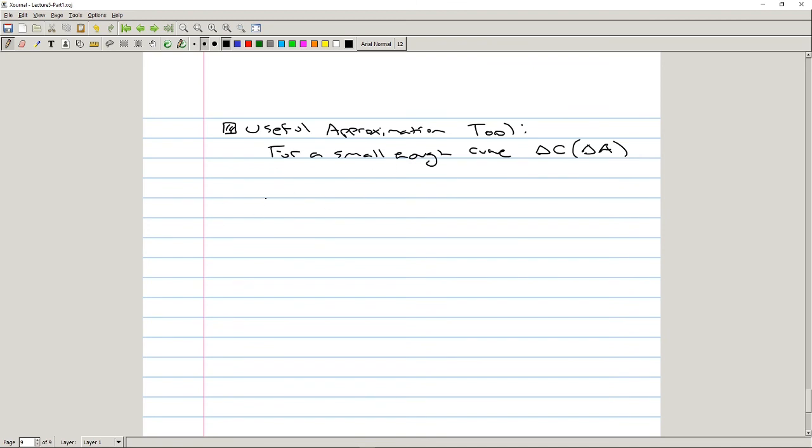We have here that the curl of the vector field F dot n at the point r is just approximately equal to, because the limit is delta A and delta C go to 0, but if they're small enough, then this value, the curl of F at a point, is going to be approximately equal to the circulation integral over delta C of f dot dr divided by delta A.